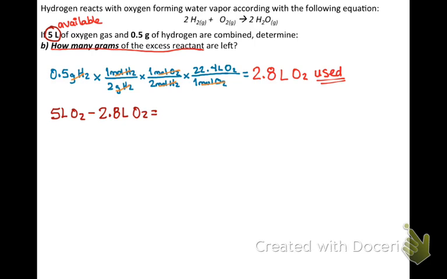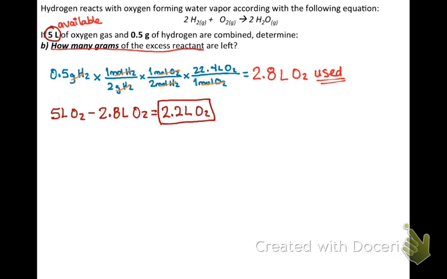We have 2.2 liters of O2 left. These 2.2 liters will not be used because there's no more hydrogen to react with. Now we know how many liters of oxygen are left.